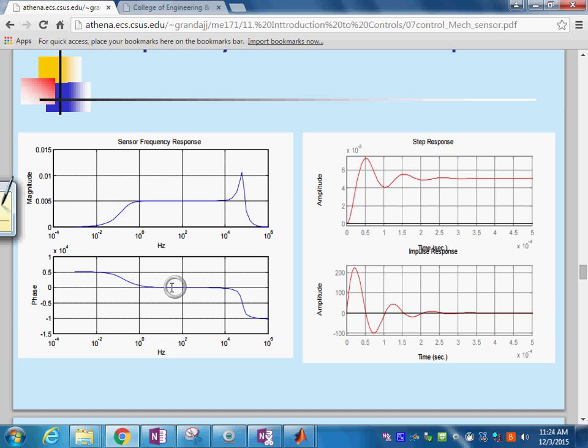And the phase angle also has the same conclusion. You see the input and the output are exactly on the same phase, so no phase angle. But here is the phase angle in degrees or radians. How many degrees is one radian?